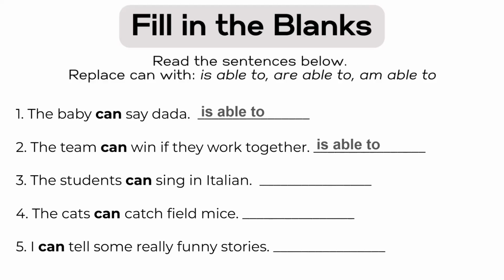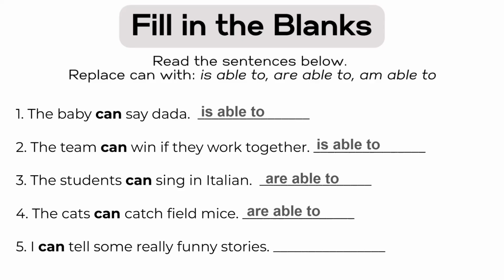All right, number 3, the students. So we should use are able to. Again, let's read the sentence using are able to. Number 3, the students are able to sing in Italian. Number 4, the cats also are able to. Let's speak the sentence using are able to.